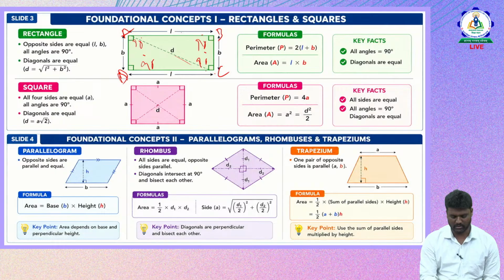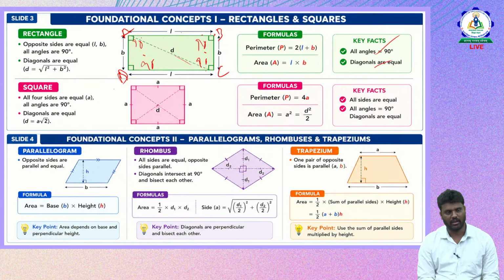For area we just multiply length into breadth. In this rectangle all the angles are equal, that is 90 degrees, and the diagonals AC and BD are both equal.